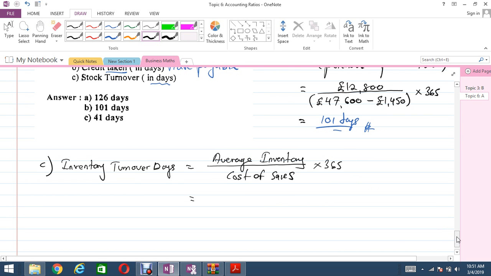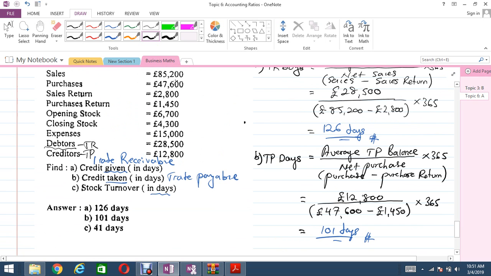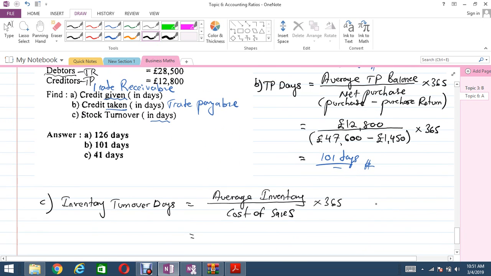So for your average inventory, be careful, we have the opening and closing here. So you need to add and divide by 2. Okay. You take the opening plus what? Closing divided by 2.